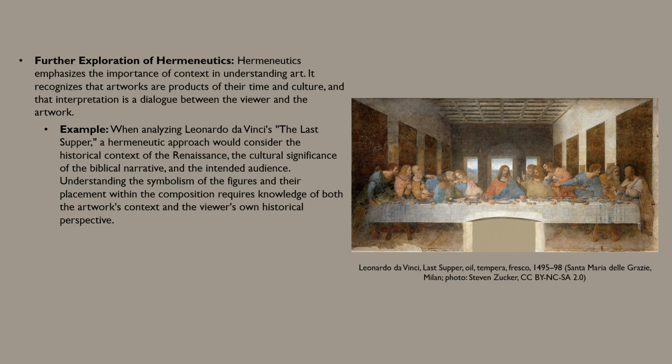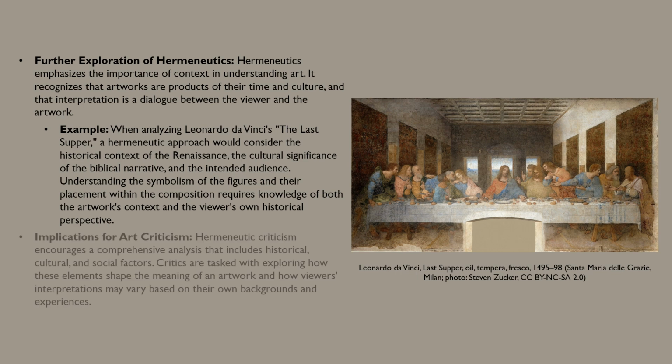Understanding the symbolism of the figures and their placement within the composition requires knowledge of both the artwork's context and the viewer's own historical perspective. Hermeneutic criticism encourages a comprehensive analysis that includes historical, cultural, and social factors. Critics are tasked with exploring how these elements shape the meaning of an artwork and how viewers' interpretations may vary based on their own backgrounds and experiences.